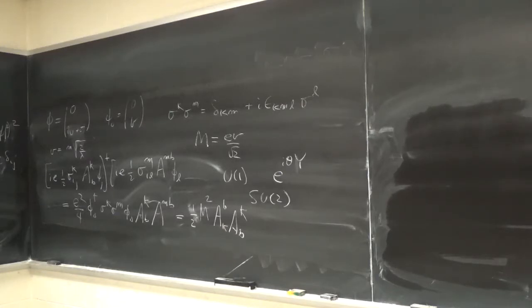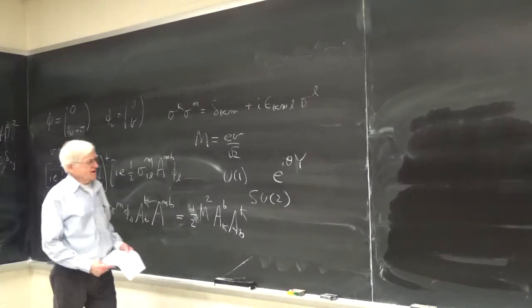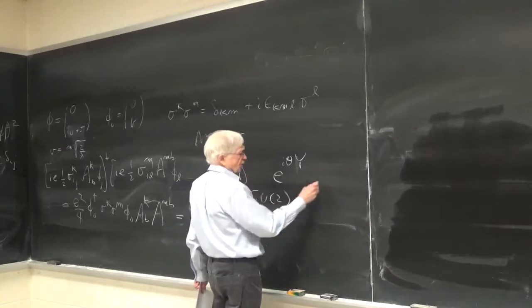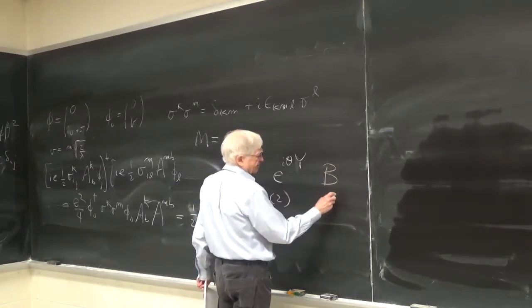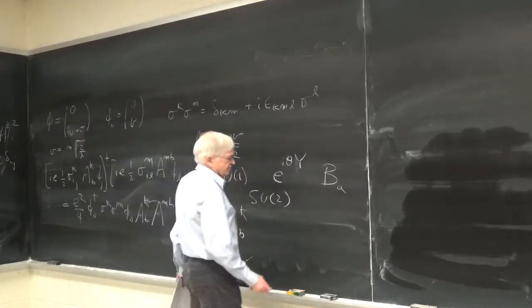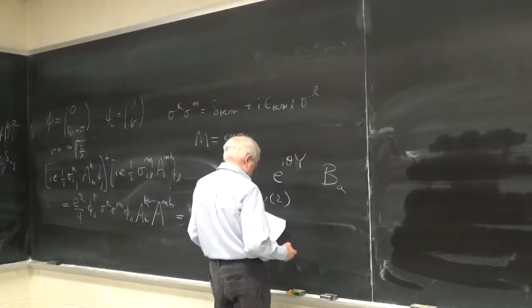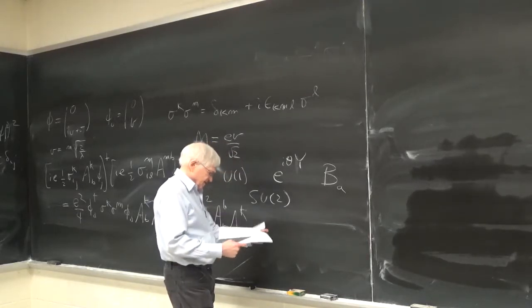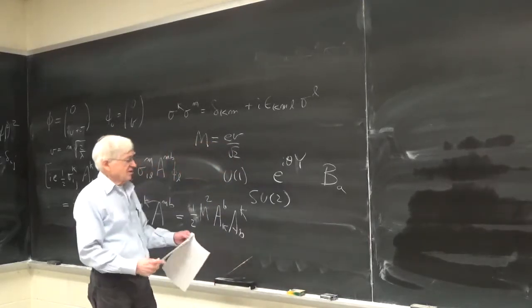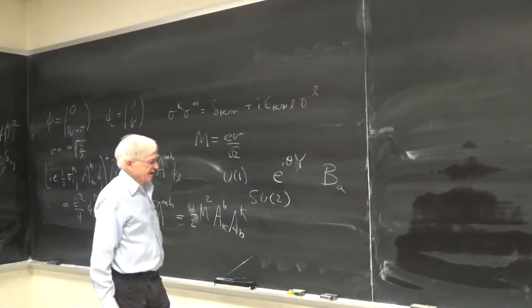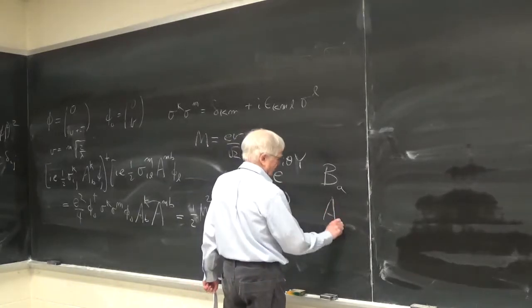So the general picture is that one has one extra gauge field that gauges this U(1), and we call that B, and we can call the three vectors A. I didn't print out this part of my notes, so I forget what I call them.